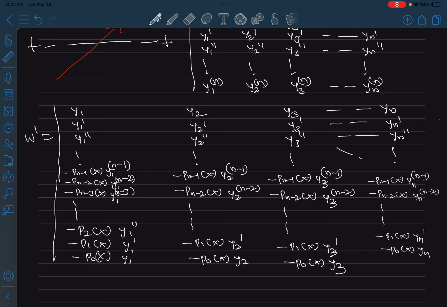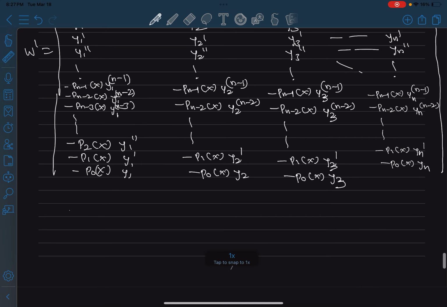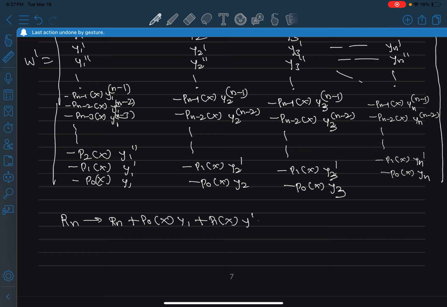And now the determinant. Notice that I can actually simplify the determinant. Since I can add a multiple of one row to another and the determinant remains unchanged, for the last row I want to add p0 of x times the first row plus p1 of x times the second row.